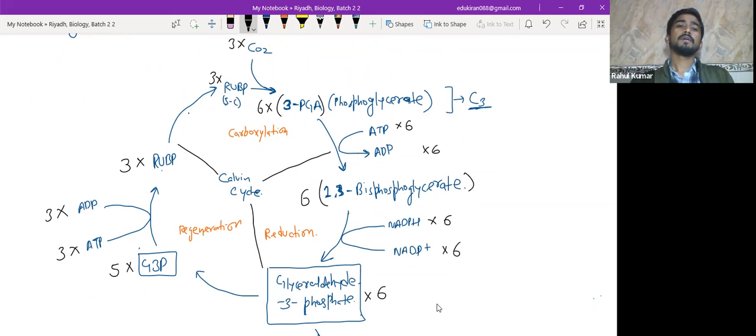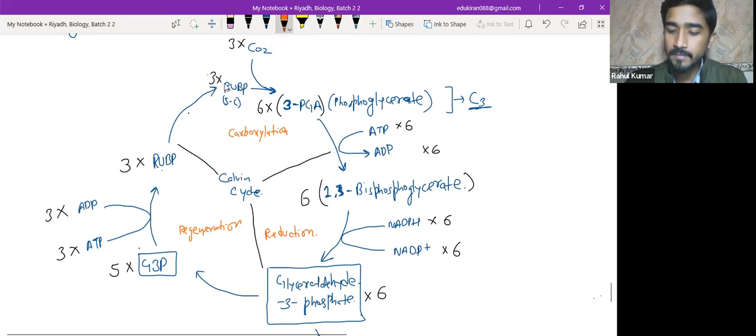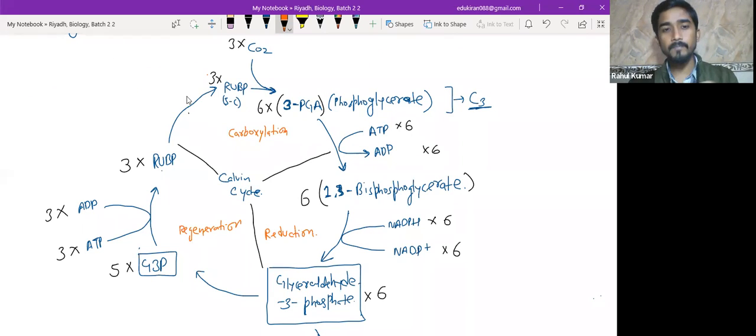Now, this first step here, let me use another color. This first step here where RuBP is taking CO2, this RuBP plus CO2, the carboxylation. So there is a reaction for this step, which is a very important reaction. So I'm writing the reaction for the carboxylation step.